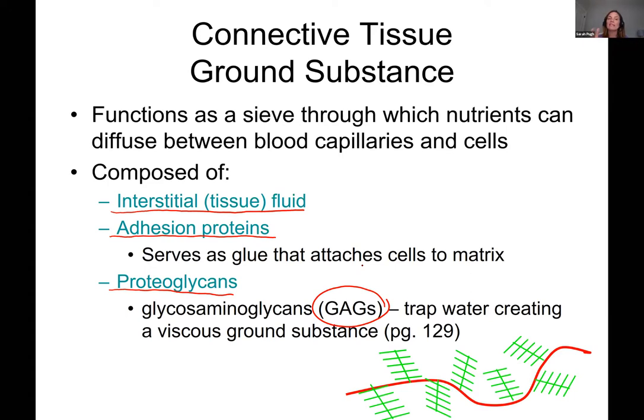Whereas the proteoglycans that are in bone, those have a lot fewer GAGs, can't trap as much water, so bone is not nearly as flexible. It's not as liquidy as cartilage is, okay? So that's the role of a proteoglycan. It helps to trap the water, and it can make your ground substance more liquidy or more stiff, okay, depending on the number of GAGs.